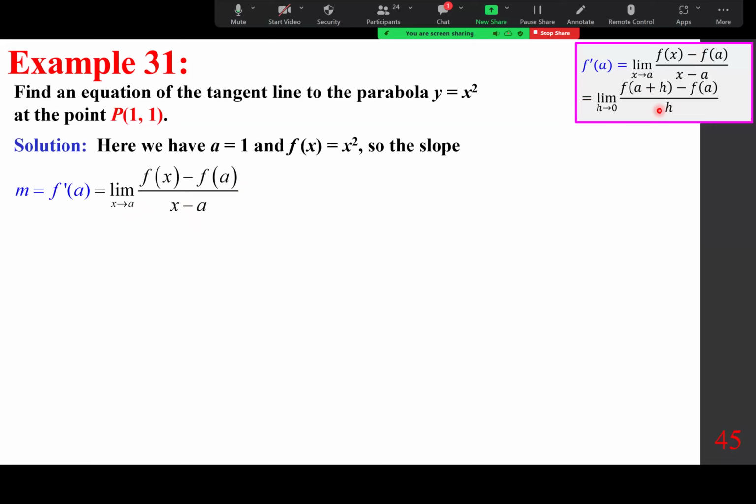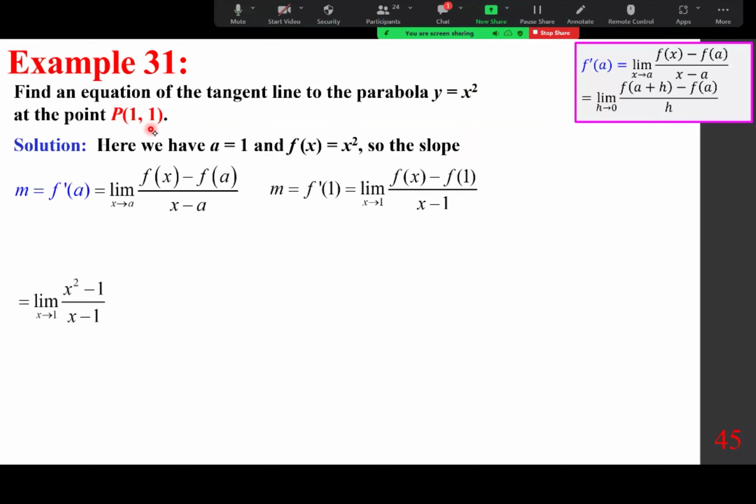So we want m or f prime of 1, which means replace the a with 1. F of x is x squared, and f of 1, you can plug it in, or f of 1 is given because it's the point with coordinates 1, 1.